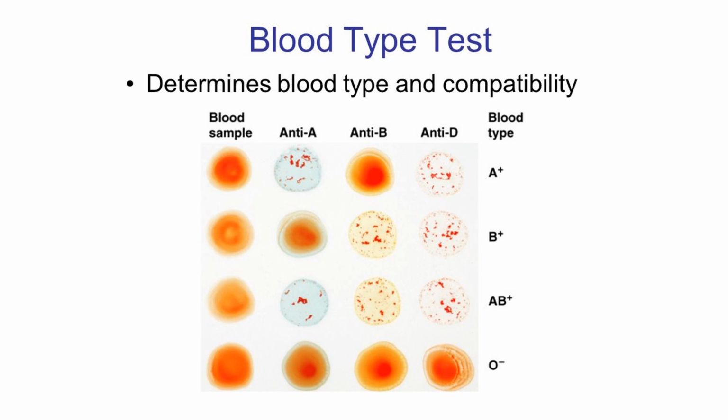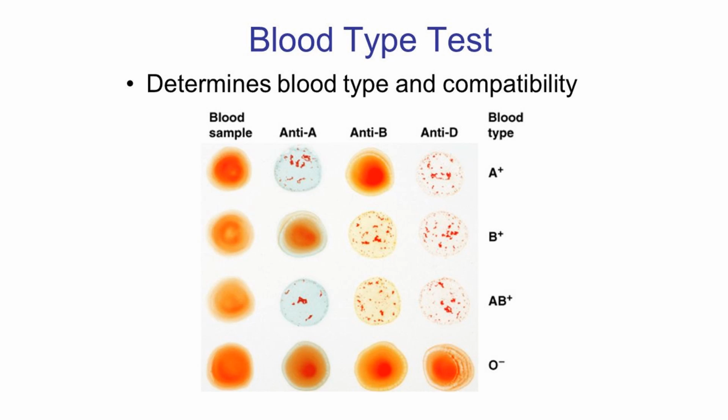A way to determine someone's blood type is to treat their blood with either the anti-A antibody, the anti-B antibody, or the anti-D. Anti-D has to do with the rhesus factor that we'll talk about in a minute, but it's another antigen. So a blood sample, for example, is taken and treated with the anti-A antibody.